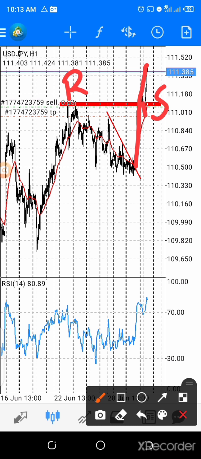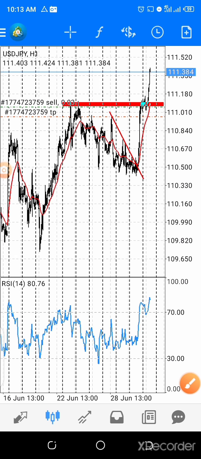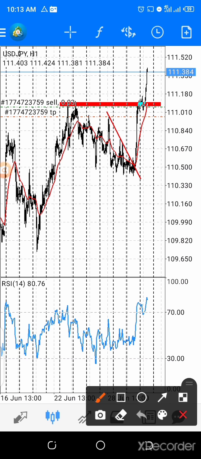If the price had respected to come down here, at that moment, this would still have been a resistance for the time being. But because price actually failed to go down, and then it broke through, it went up.